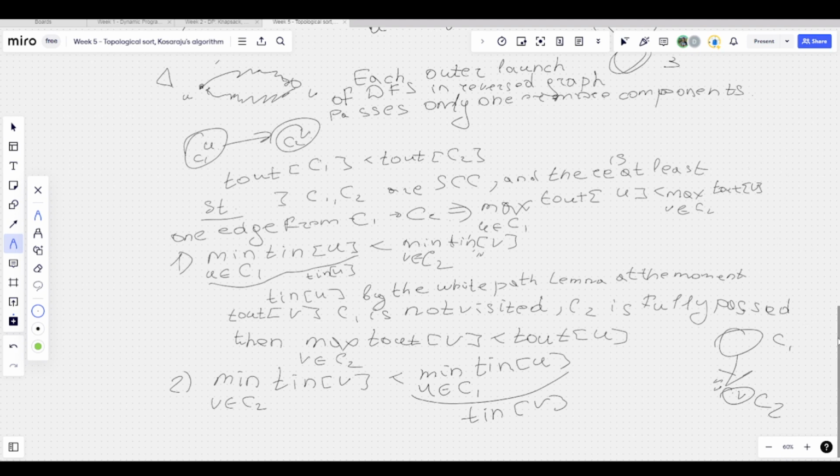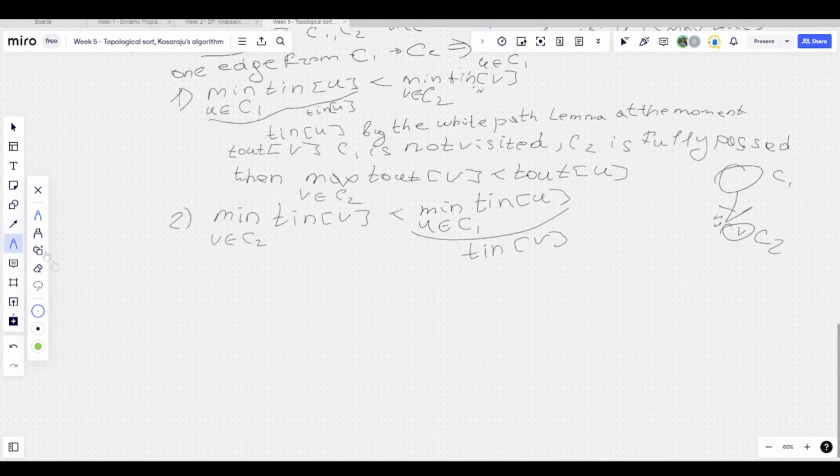The same idea, the same proof, almost. And so notice that there are no edges, no path to C1.